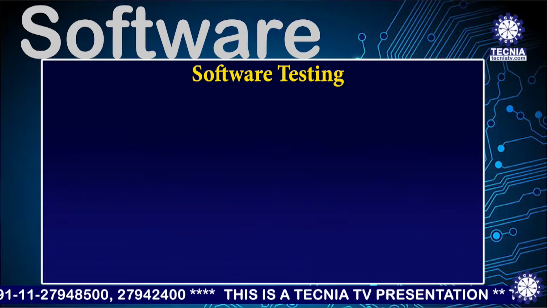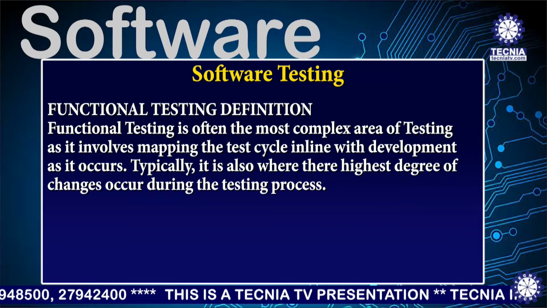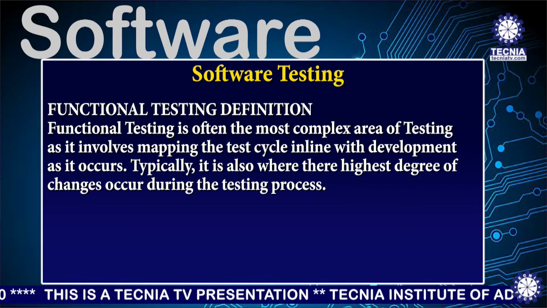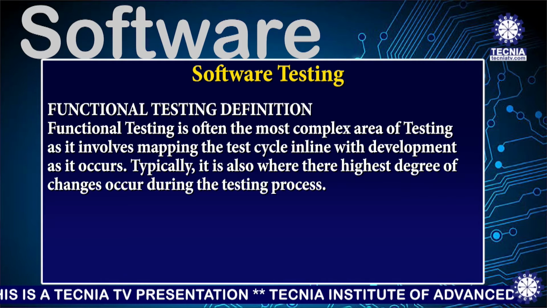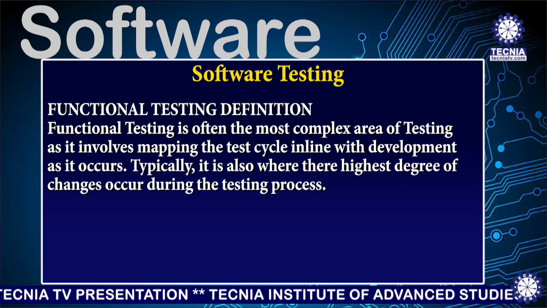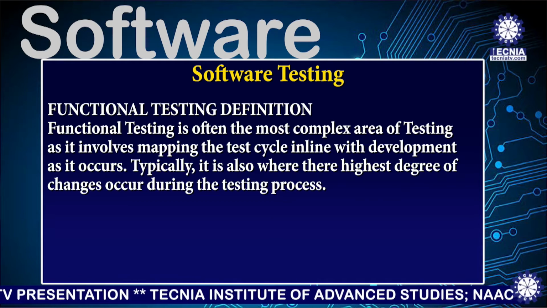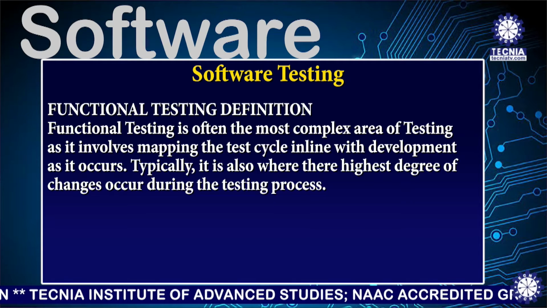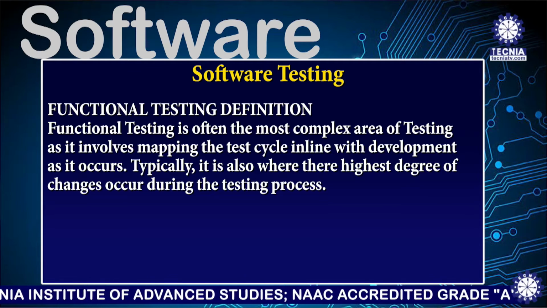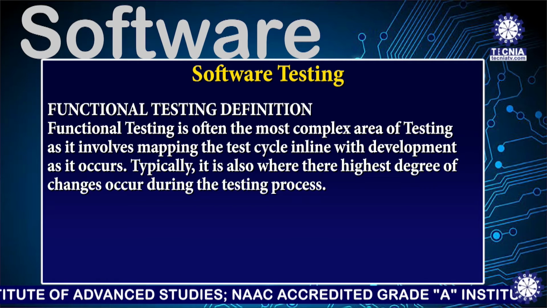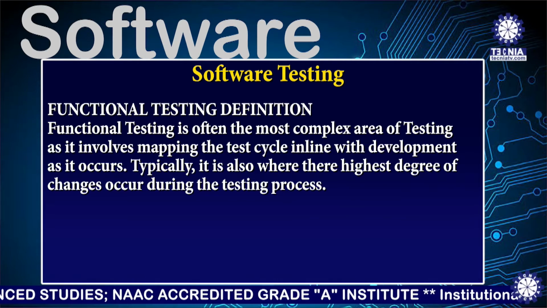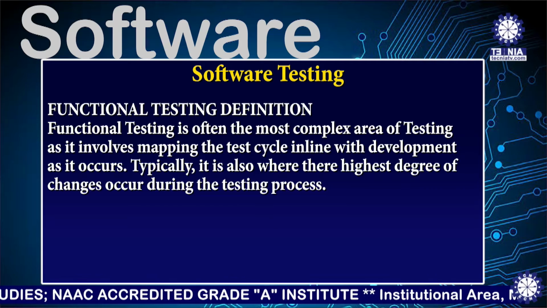Friends, functional testing is often the most complex area in software testing because in functional testing we have to see all the functions, all the components, all the modules of any software. If all the modules and components are working as per the specified requirement, then we say that the software is working as per the specification.